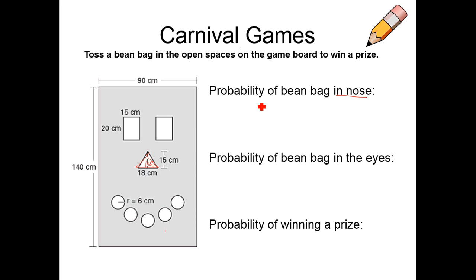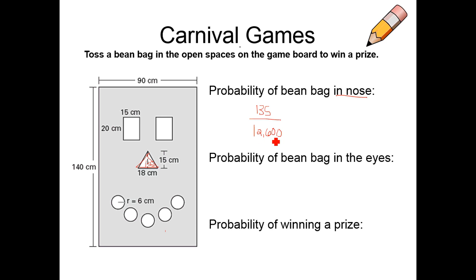So I know the area of where I would like to toss the beanbag is 135 centimeters squared. And the area of the whole region, 140 times 90, remember that's one big rectangle here, is 12,600 square centimeters.